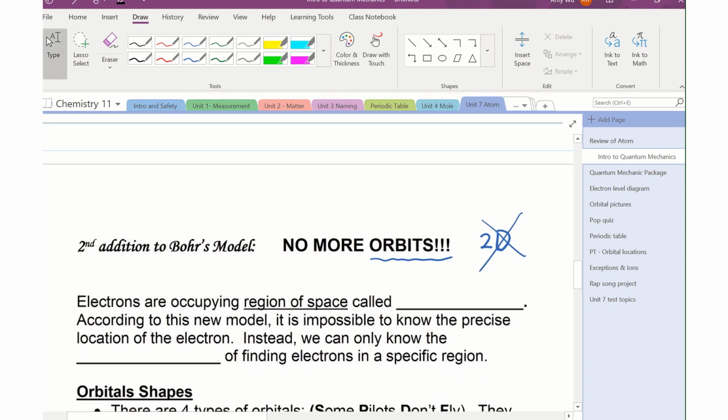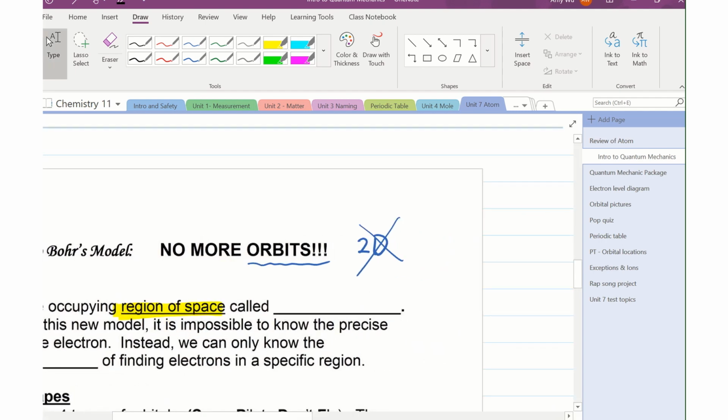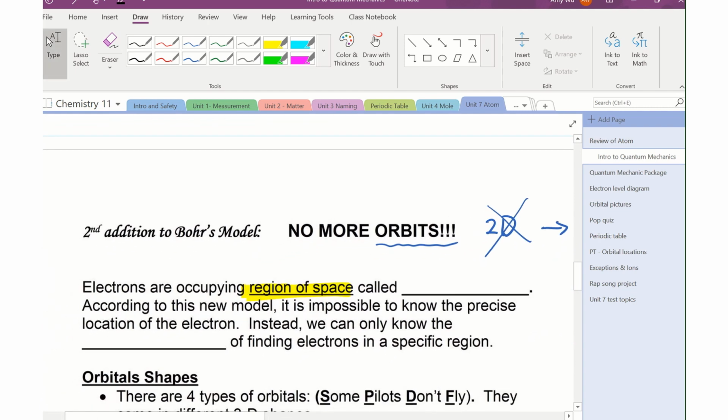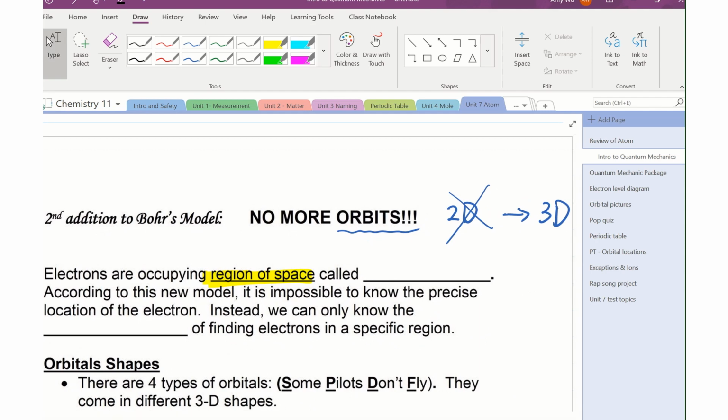Instead, electrons are found to be occupying a region of space. So instead of thinking in 2D, you now have to think about electrons actually going around the nucleus in a three-dimensional space. Electrons are occupying a region of space, and we don't call it orbits. An orbit is like 2D, like a ring, but we call them orbitals.